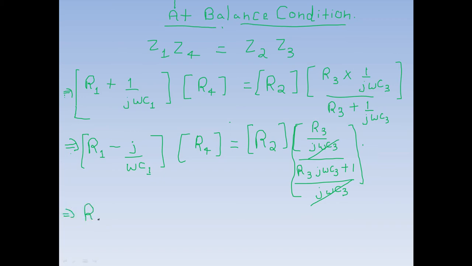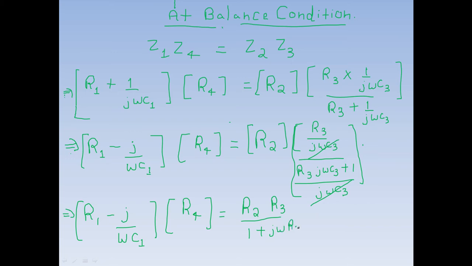R1 minus j upon omega C1, multiplied by R4, equals R2 multiplied by R3 upon 1 plus j omega R3 C3.